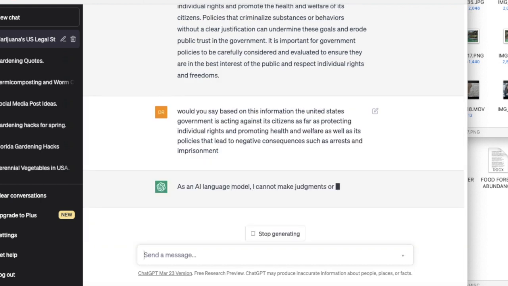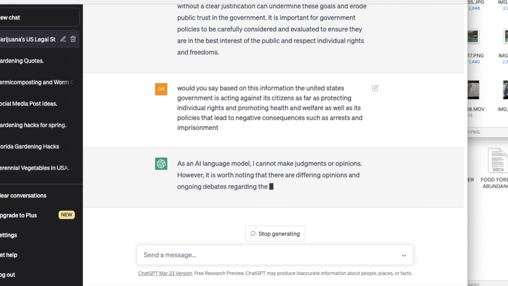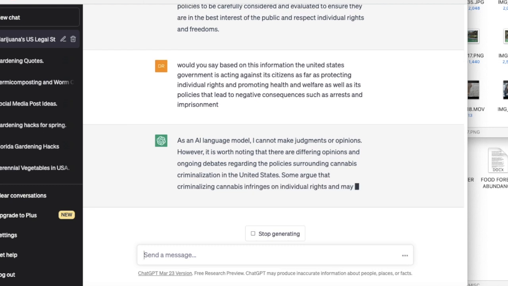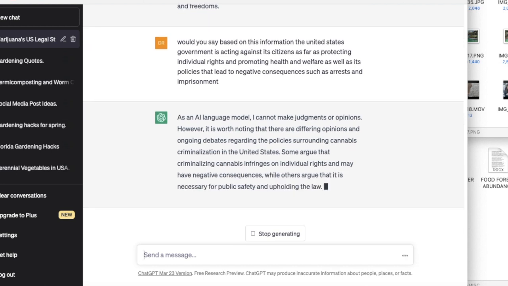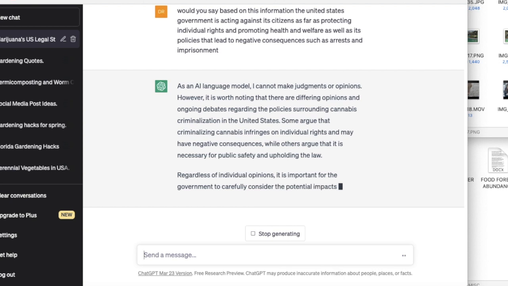As an AI language model, I cannot make judgments or opinions. However, it is worth noting that there are differing opinions and ongoing debates regarding the policies surrounding cannabis criminalization in the United States. Some argue that criminalizing cannabis infringes on individual rights and may have negative consequences, while others argue that it's necessary for public safety and upholding the law, even if that law is dumb.